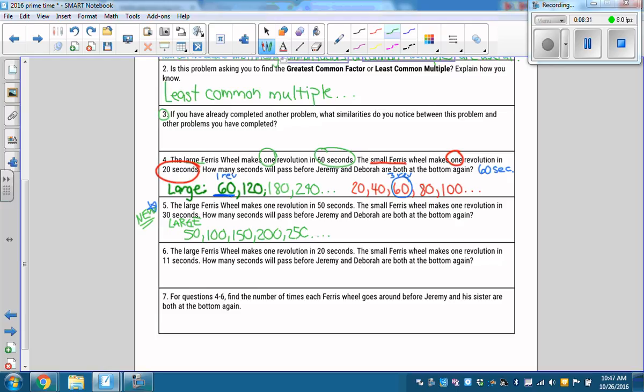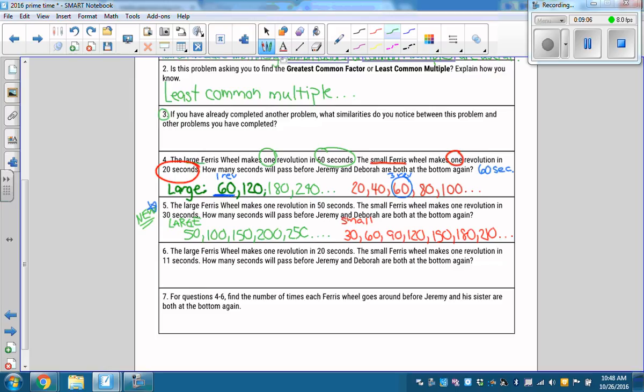The small Ferris wheel takes 30 seconds to go around. So it hits the bottom at 30 seconds, 60 seconds, 90 seconds, 120 seconds, 150 seconds, 180 seconds, 210 seconds, goes around and around and around.